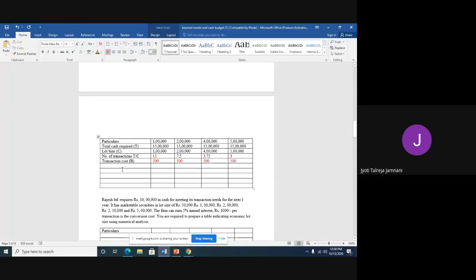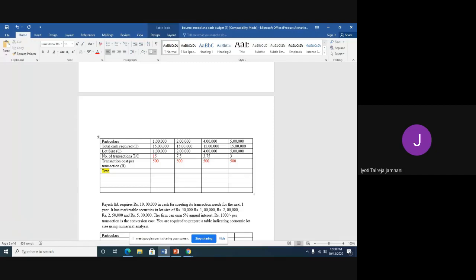Now we will find the total transaction cost. This is the transaction cost per transaction. Okay, now I will find the total transaction cost.